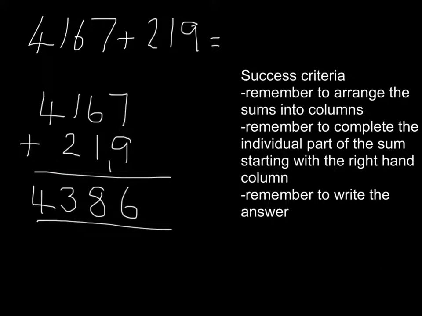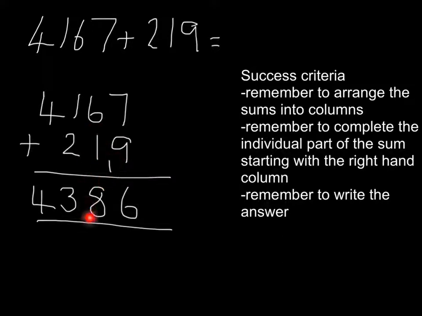Next, we need to complete the individual part of the sum, starting with the right-hand column. Our right-hand column is 9 units and 7 units. That makes 16 units. So we put our 6 in the units column, we regroup our 10 with the tens column. Next, we add 6 tens and 1 ten and 1 ten.